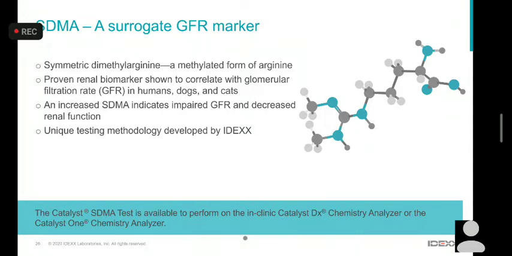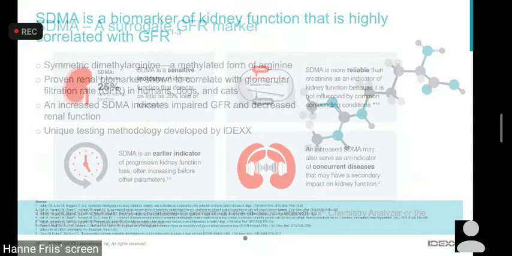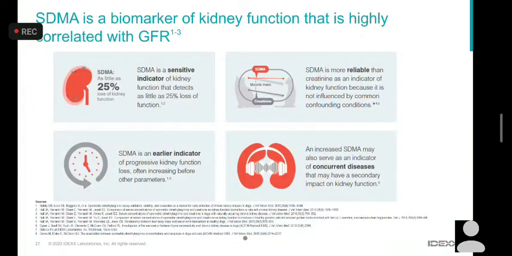Now, it's a very sensitive indicator of kidney function because it's more sensitive than creatinine when you look at it from a reference interval perspective. So SDMA will pick up as little as 25% loss of kidney function. The average is 40% loss of kidney function where you see an elevated SDMA. It is in many cases more reliable than creatinine alone because it's not influenced by lean body mass.